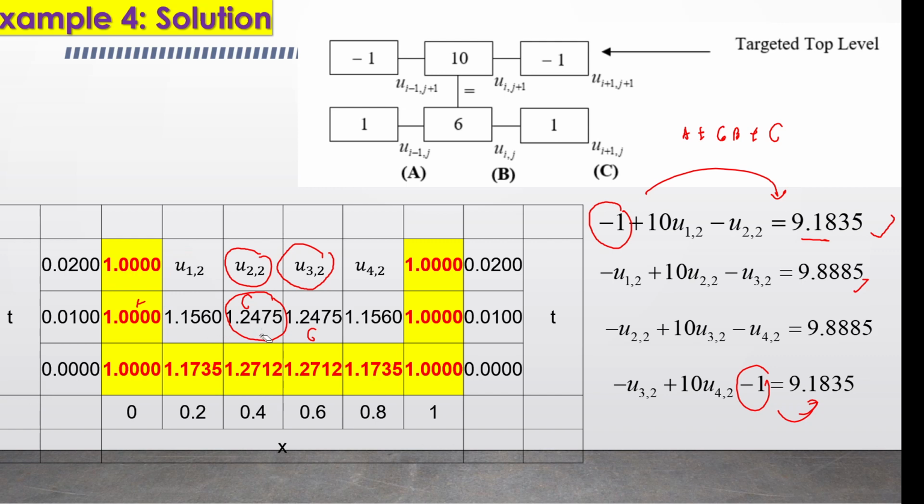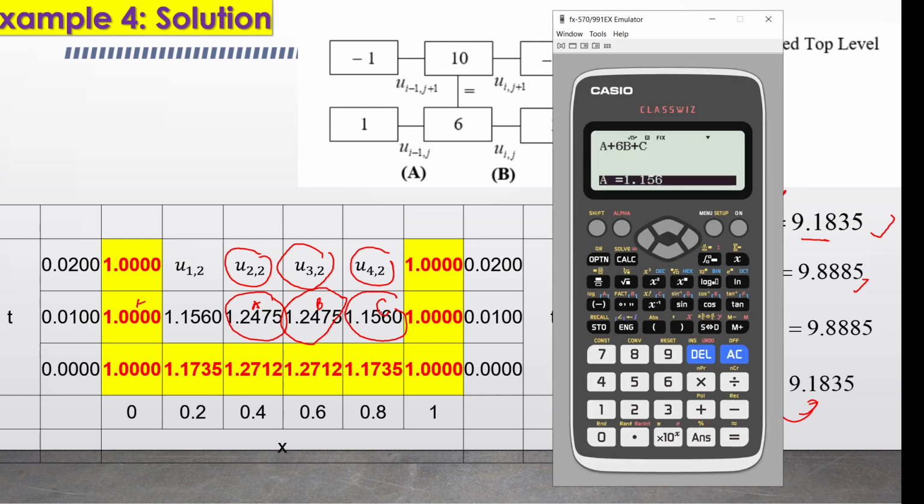Okay, third round. The third equation will be like this: minus U22 plus 10 U32 minus U42. How to get 9.8885? A now is here, B is here, C is here.